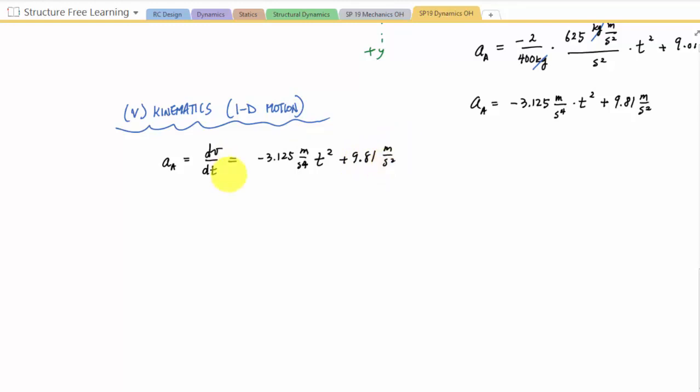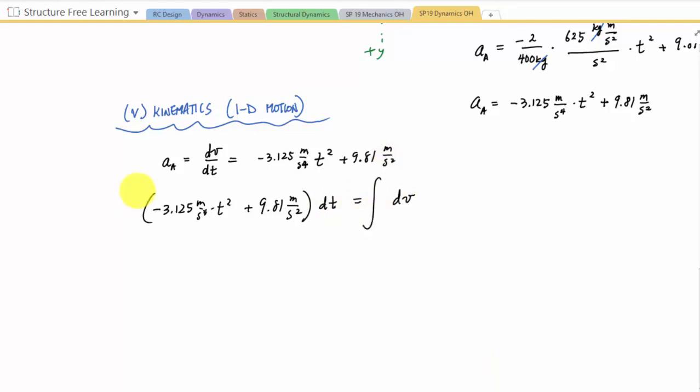I'm going to set up the integral: the integral of negative 3.125 meters per second to the fourth times t squared plus 9.81 meters per second squared dt equals dv.